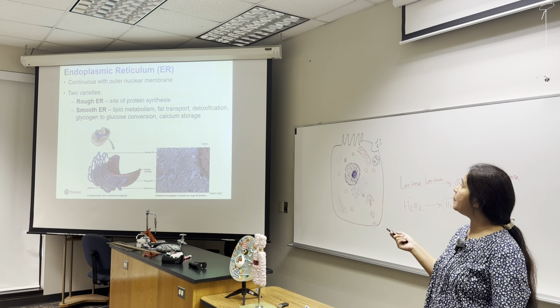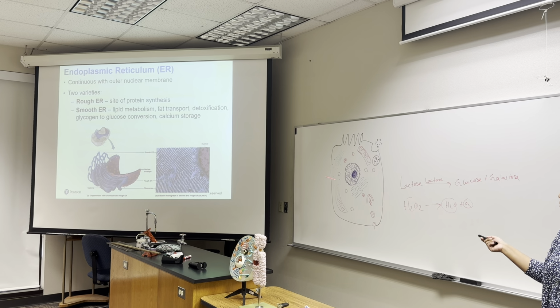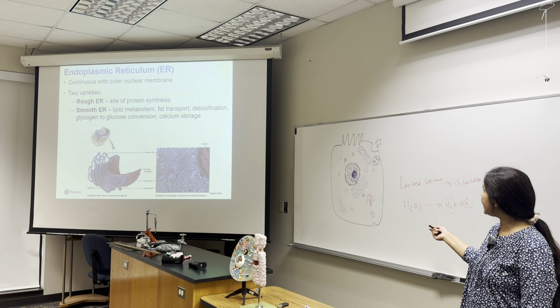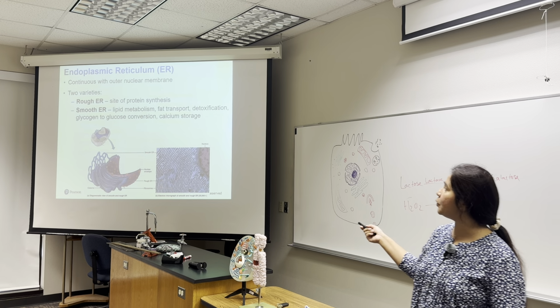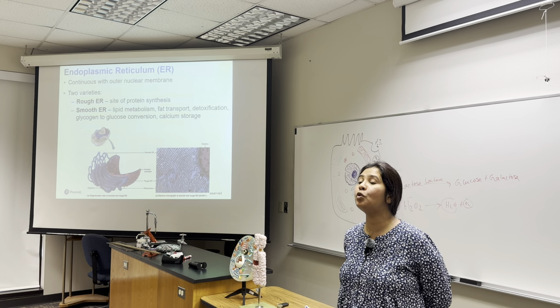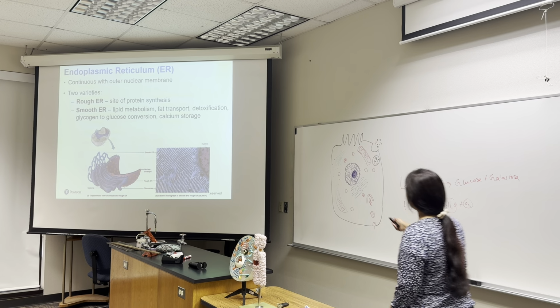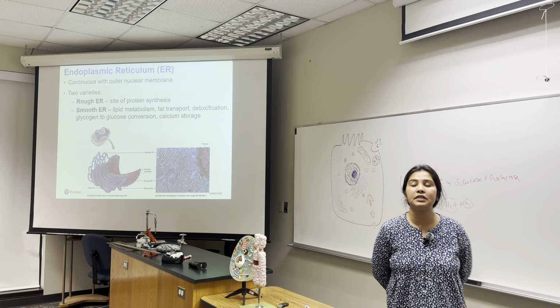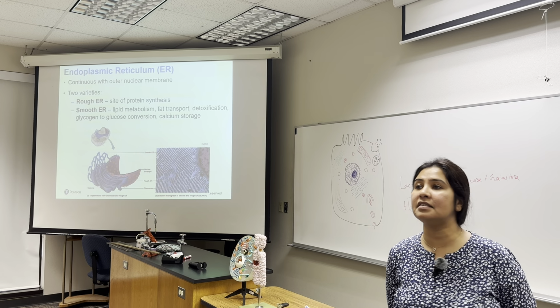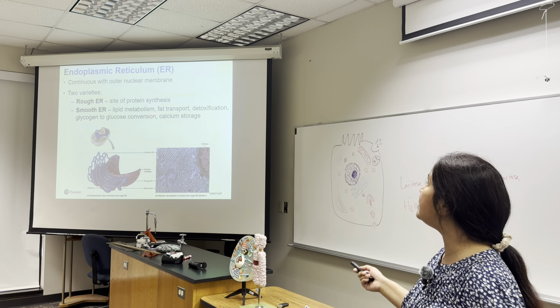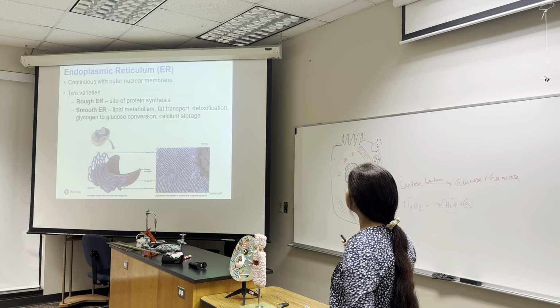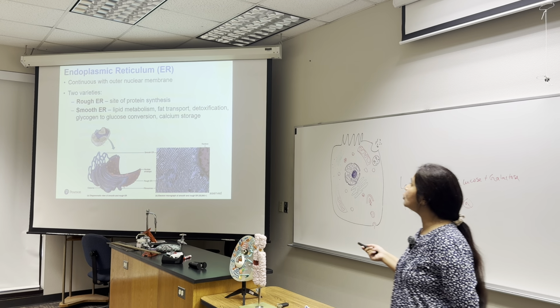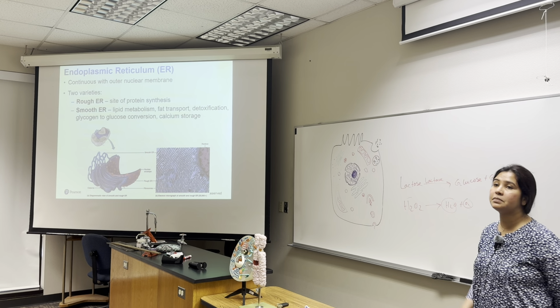Then you have the endoplasmic reticulum. So you have the rough endoplasmic reticulum right here, which is the site of the protein synthesis, but the smooth endoplasmic reticulum right here, which does not have ribosome on top, is not associated with the protein synthesis. Instead, this is associated with the lipid metabolism, fat transportation, detoxification, glycogen to glucose conversion, calcium storage.